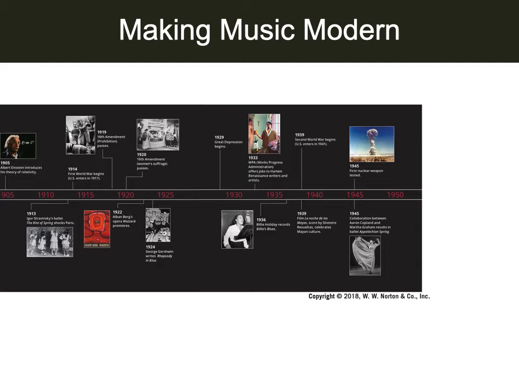Now, I'm going to just put it in here. 1920 to 1930 is the jazz age all over the world. But it starts in America, born in New Orleans, and the jazz age in the 1920s comes out of Harlem and New York.